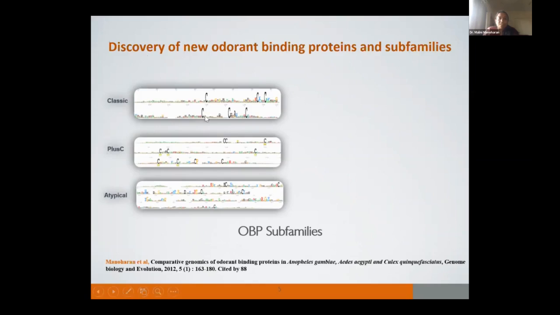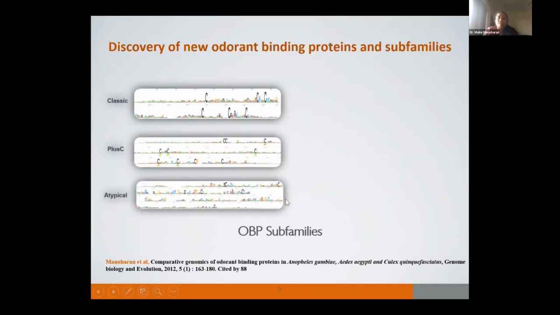What we interestingly figured out was that this was not the only class of OBPs. We identified new subfamilies which people had not seen earlier, such as the plus C OBPs. We also coined a new subfamily, which we named atypical OBPs.